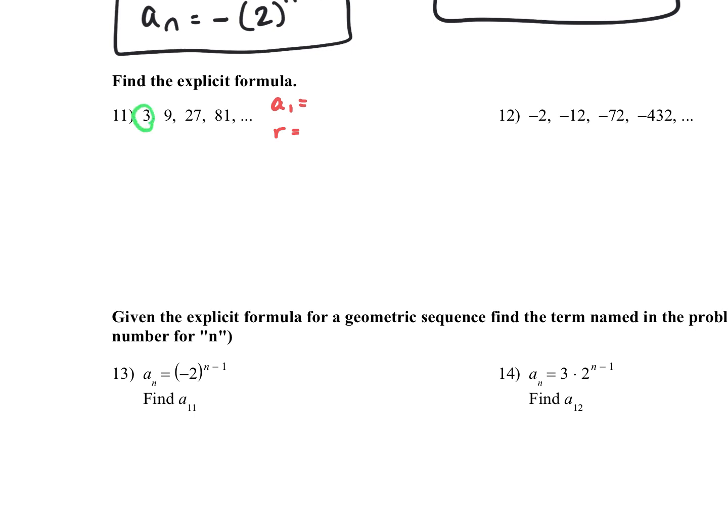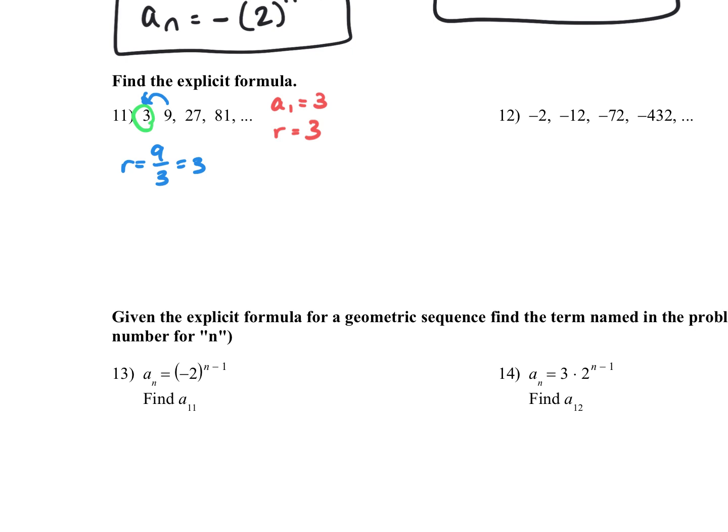Our first term is simply what is listed out in front. So what is a1 in number 11? 3. Your r value, how do you find it? Yeah, you take the second term, divide it by the first. 9 divided by 3 is 3. So your r value is also 3.